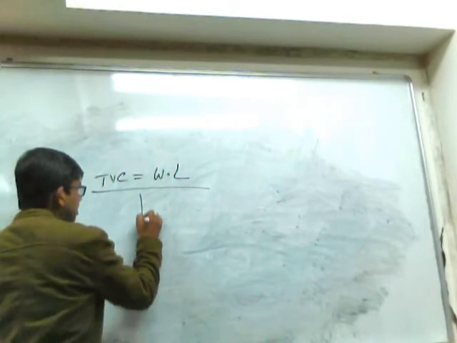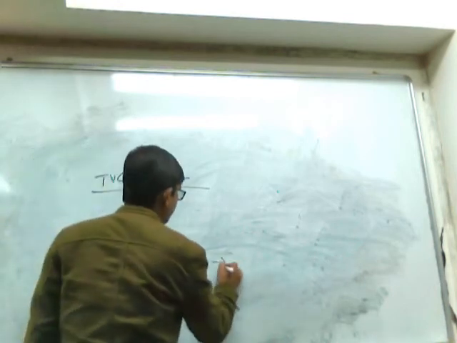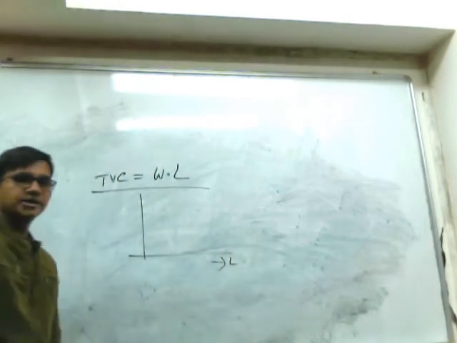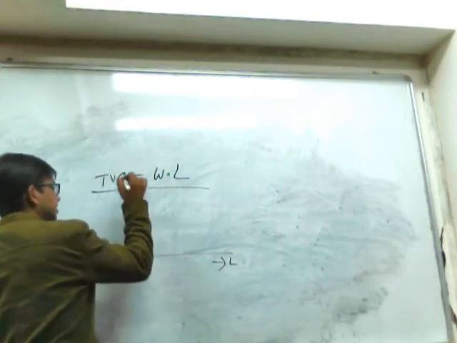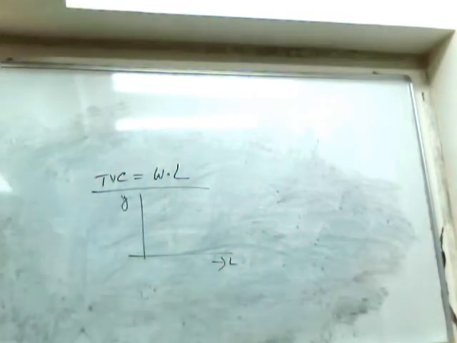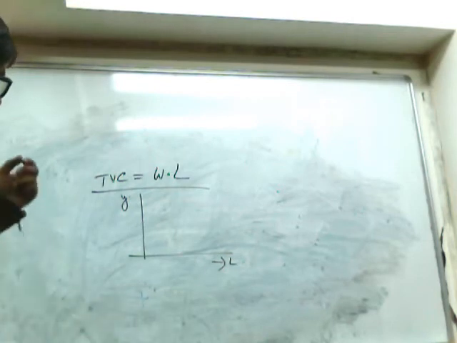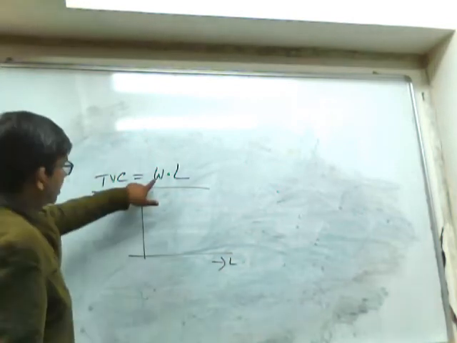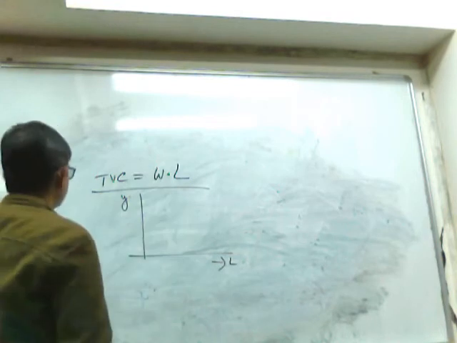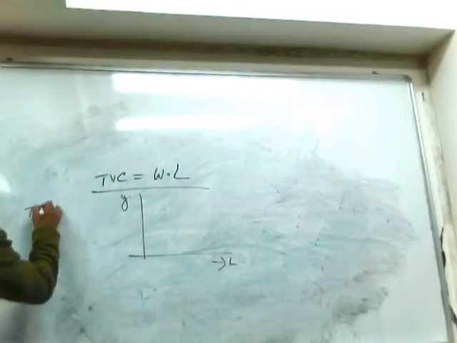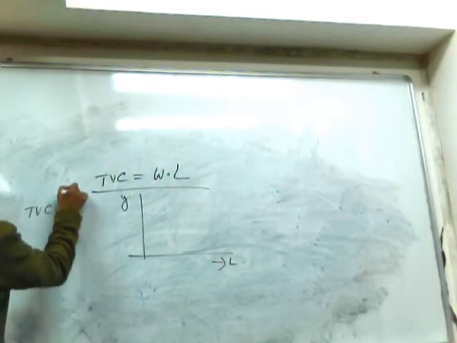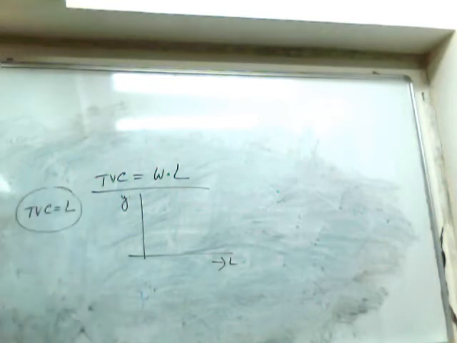Now if we show the law of variable proportion, on the horizontal axis we are measuring the labor employed, on the vertical axis we are measuring the volume of output. For the sake of simplicity, we consider that W equals 1, that means the wage rate is $1. So total variable cost will be exactly equal to the volume of labor employed.